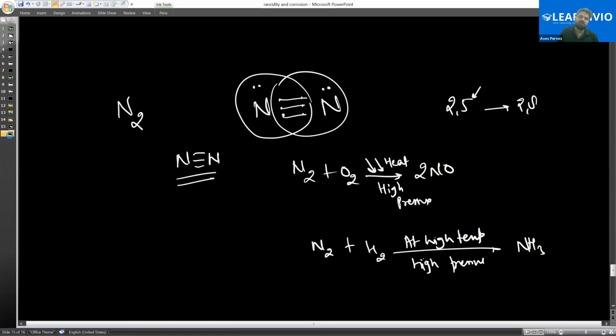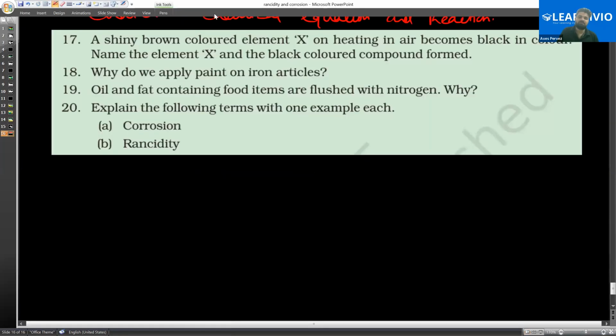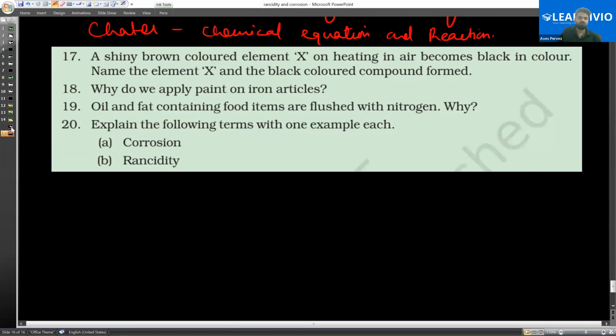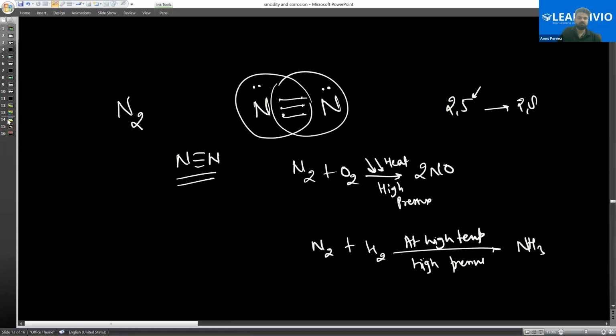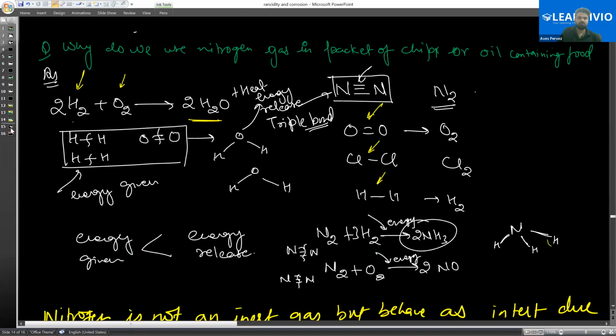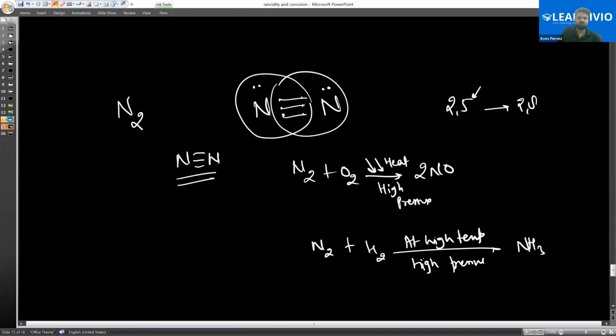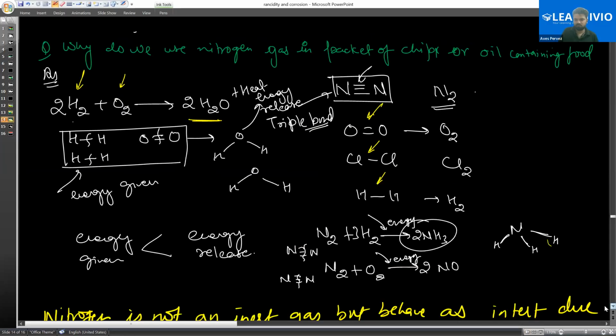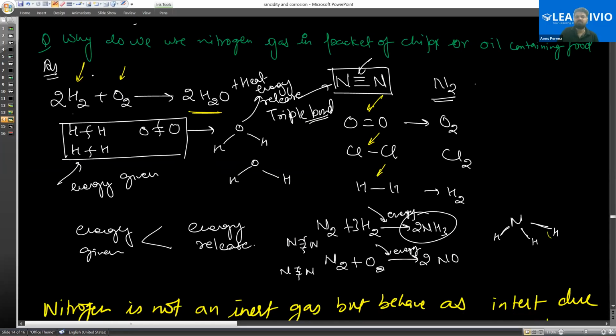So write down the answer. First write down the question: why is nitrogen gas packed in chips packets or oil containing food?